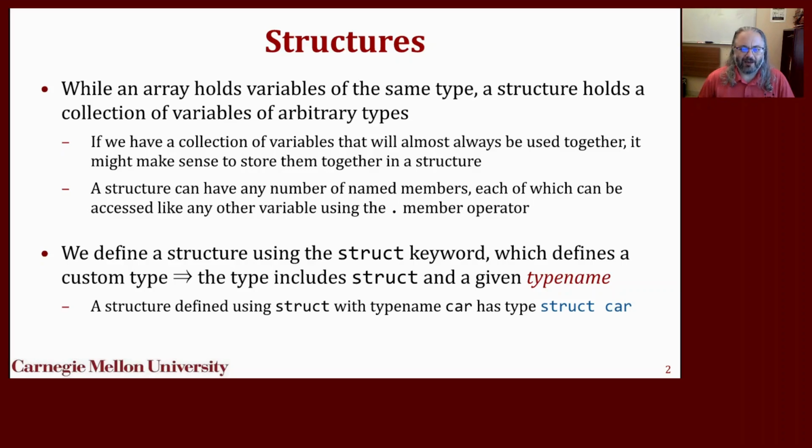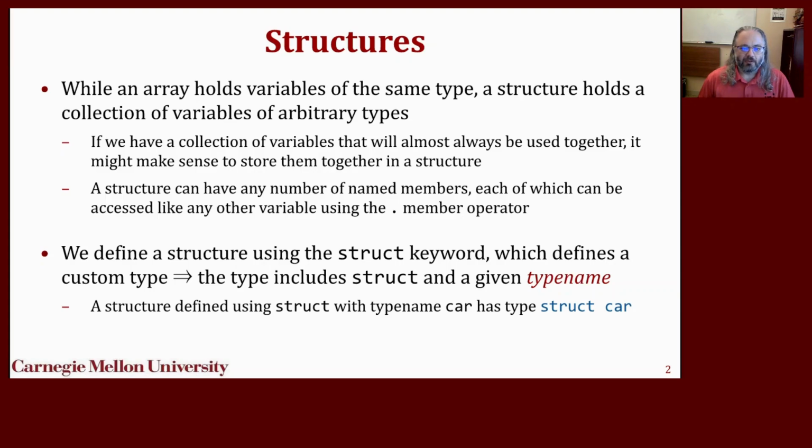A structure can have any number of named members, and each of those members can be of whatever type we want. The structure itself will be a variable, and we can access the variables inside of it, which are called the member variables, using the member operator, which is a period.